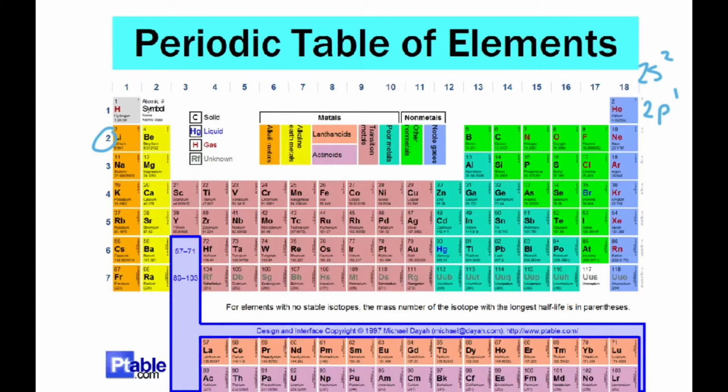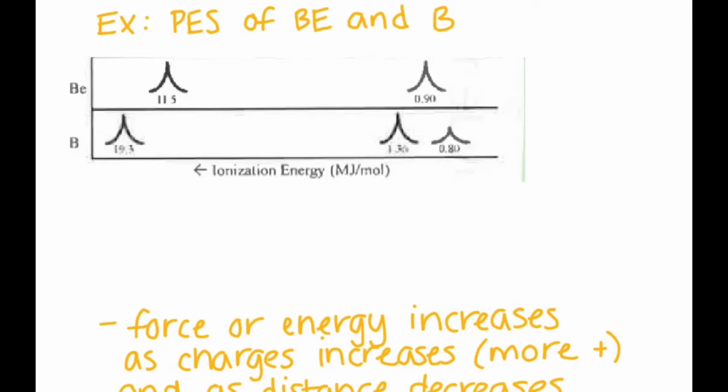And this addition of a p subshell orbital is what causes the photoelectron spectrum of beryllium and boron to differ.